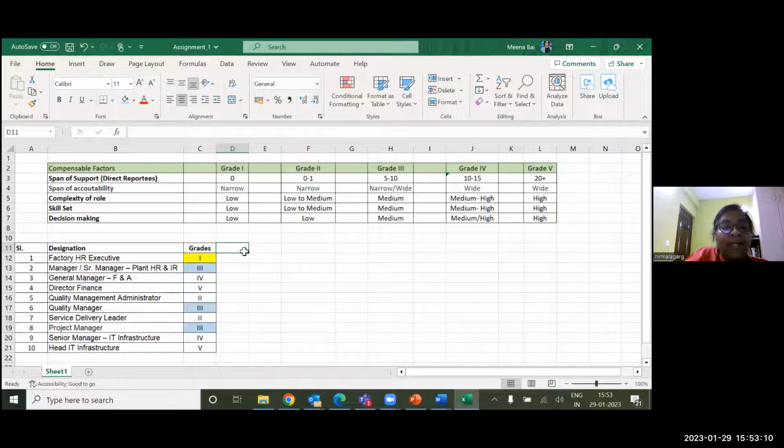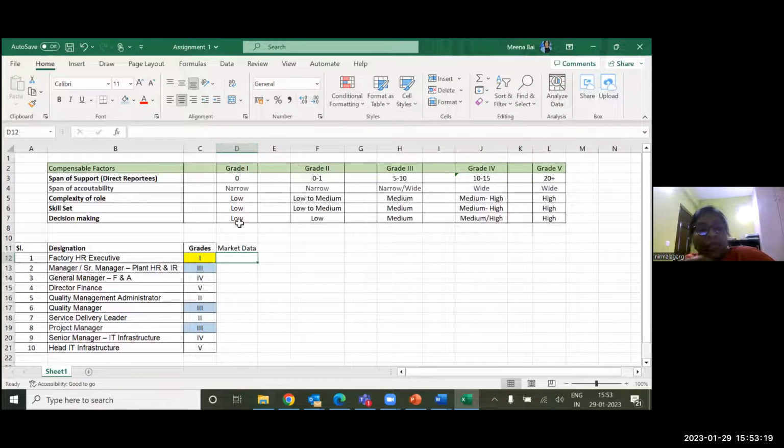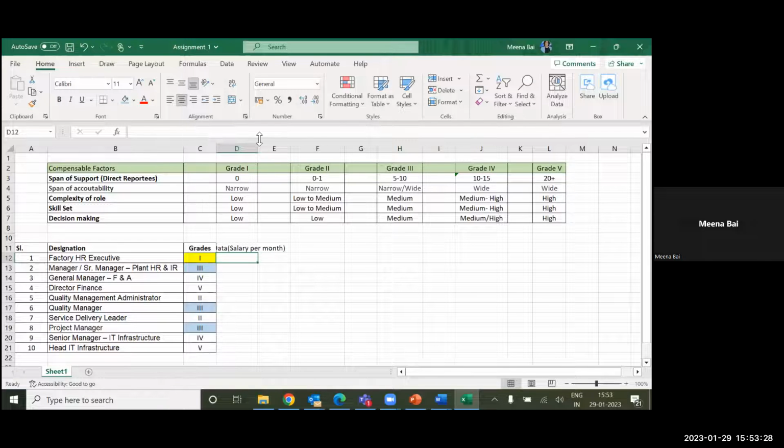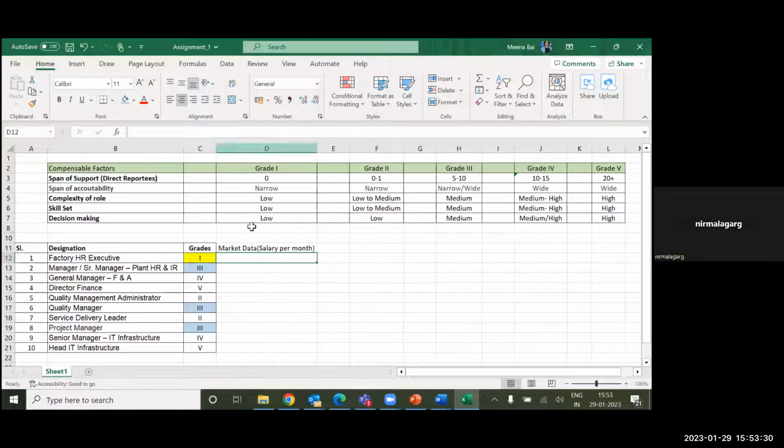So we'll need market data. Next to grades, write market data and please put in salary per month. Going by, just write factory HR executive, some salary per month. How much shall I put? So the group can decide and start putting it.